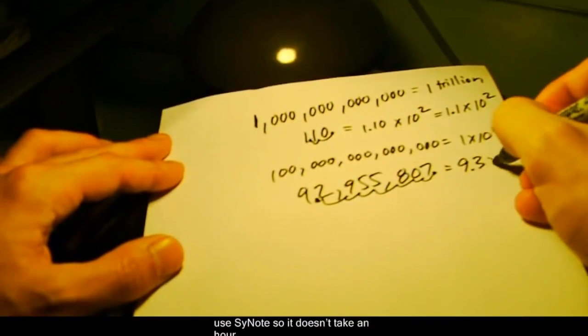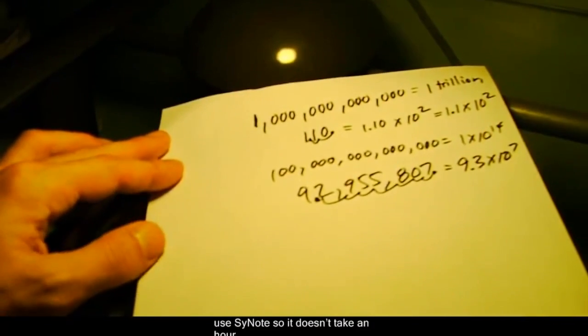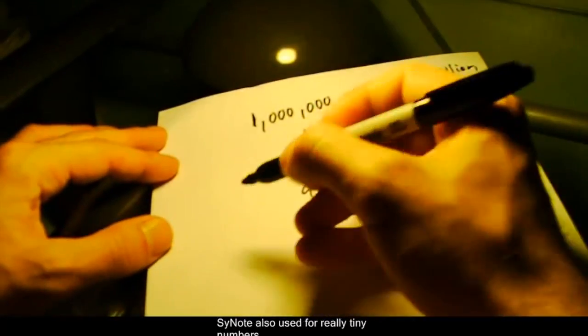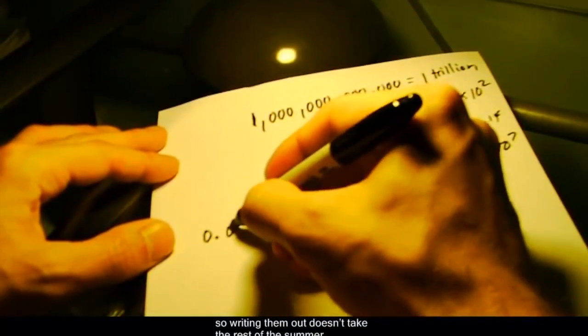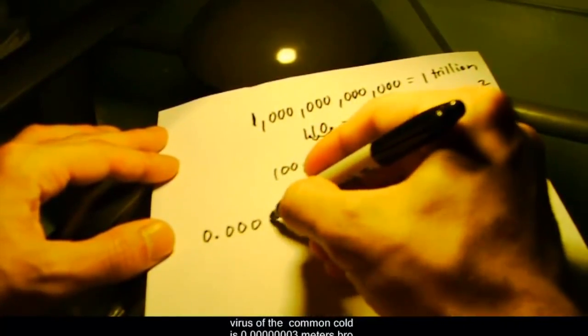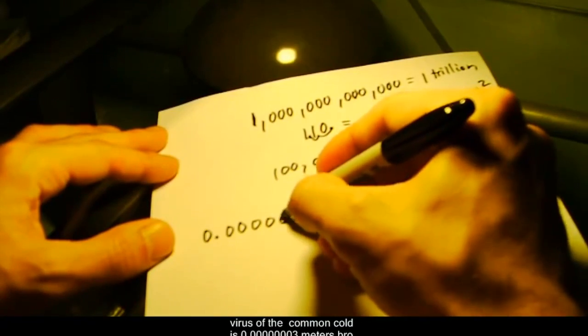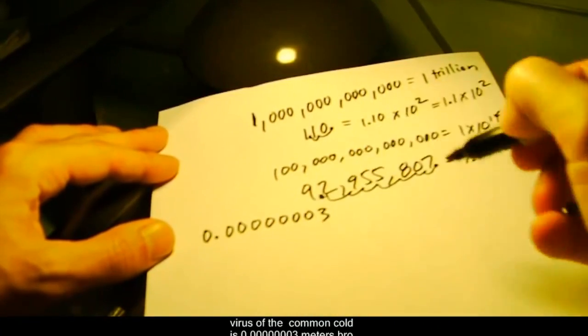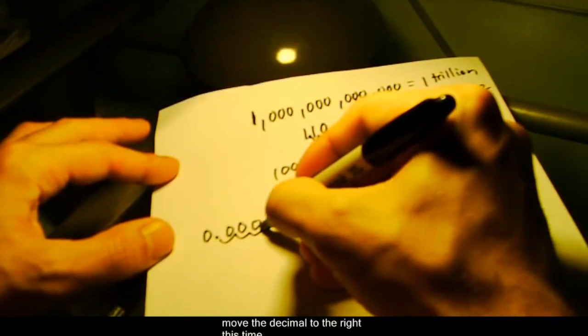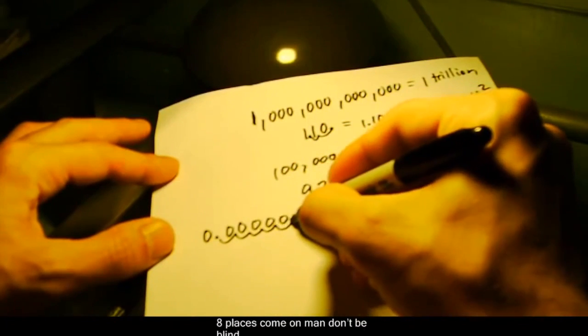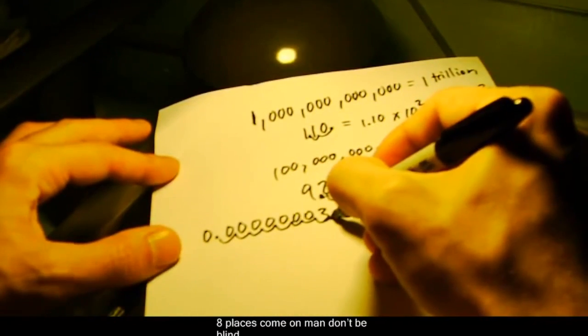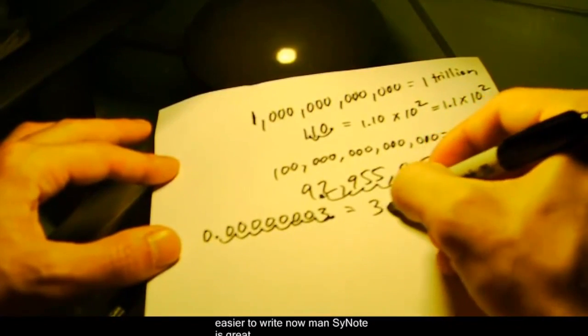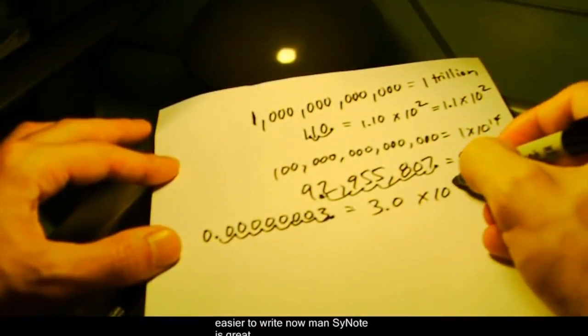Use side note so it doesn't take an hour. 9.3 times 10 to the 7th power. Side note also used for really tiny numbers, so writing them out doesn't take the rest of the summer. Virus of the common cold is 0.0000003 meters, bro. Move the decimal to the right this time. 8 places, come on man, don't be blind. Got 3.0 times 10 to the -8th. Easy to write now, man, side note is great.